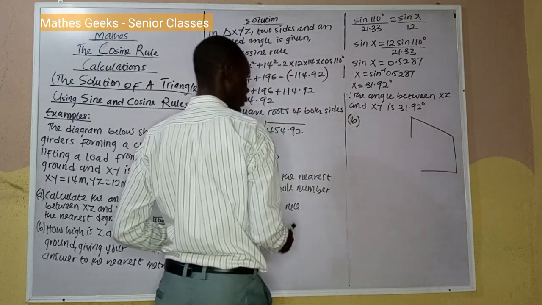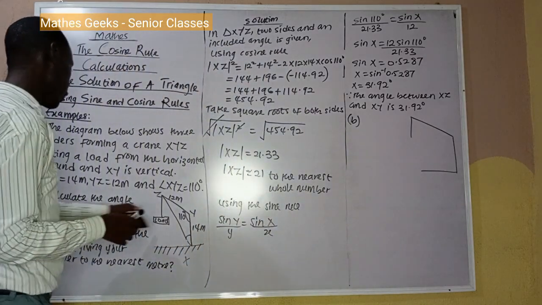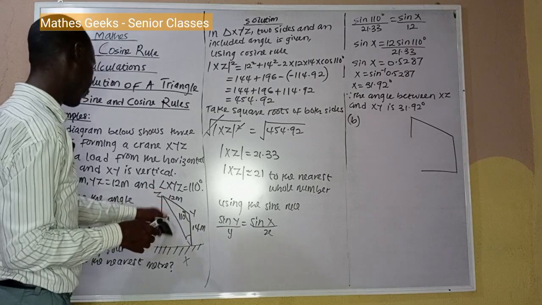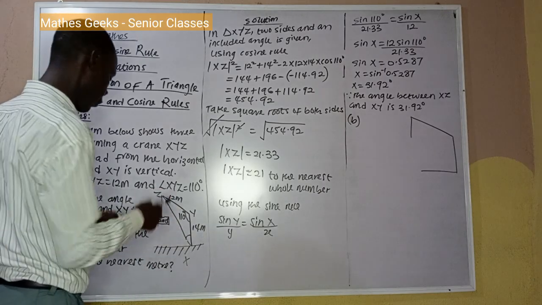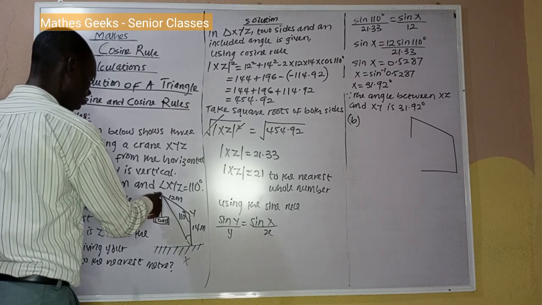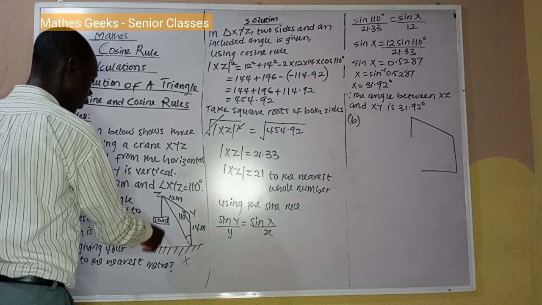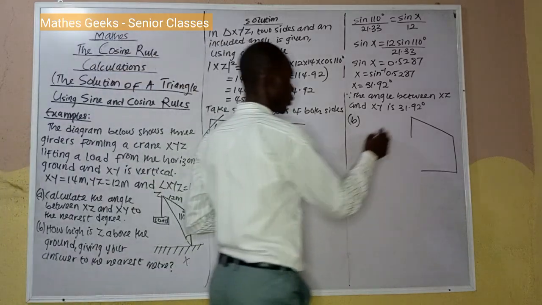Okay, this is the load. Now I want to know how high Z is from the ground, not the load necessarily. But for us to know how high Z is from the ground, we can know how high Z is from the load, plus how high the load is from the ground. So this will give us something like this.